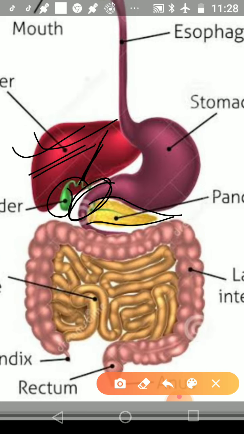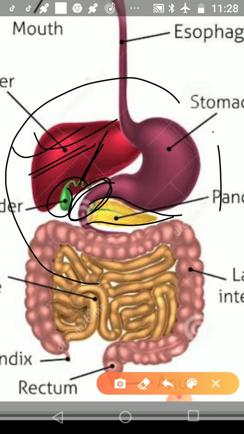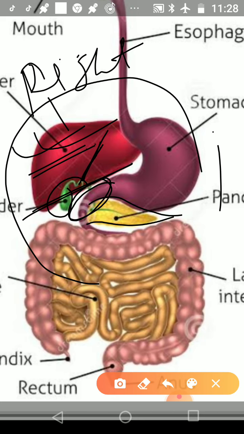It is the upper part of the abdominal region, on the right side. And the pancreas is located just below the stomach, or we can say in the loop of the duodenum.